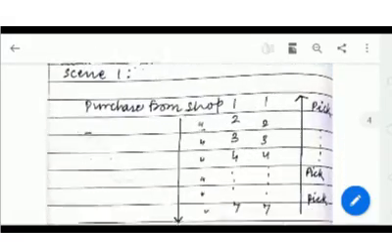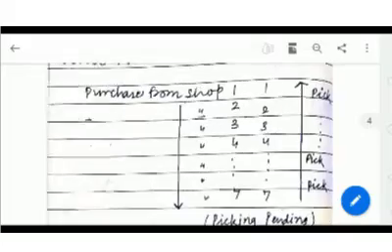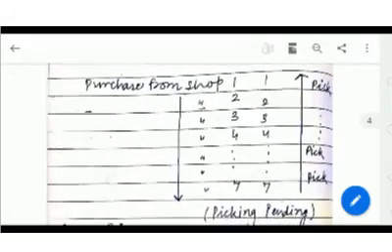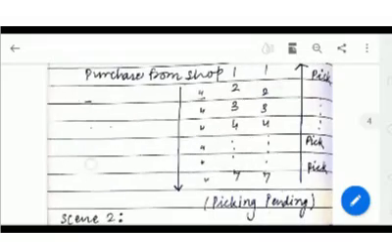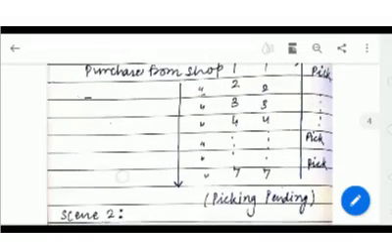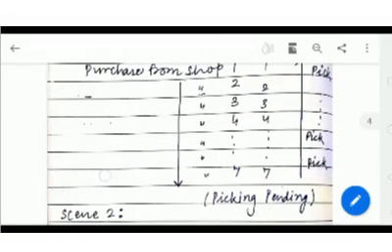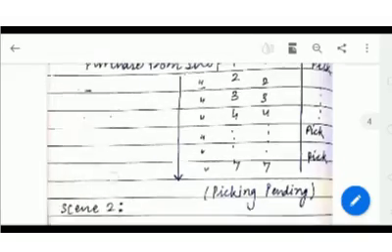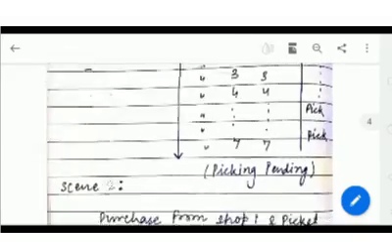I have demonstrated this with a graph here. Shopping is from shop number 1, 2, 3, 4, 5, 6, 7. Then when you start picking, it is from 7, 6, 5, 4, 3, 2, 1. Now this is scenario 1.